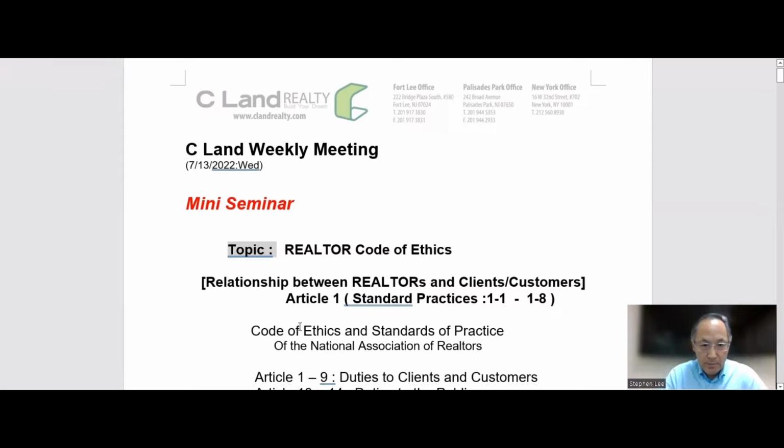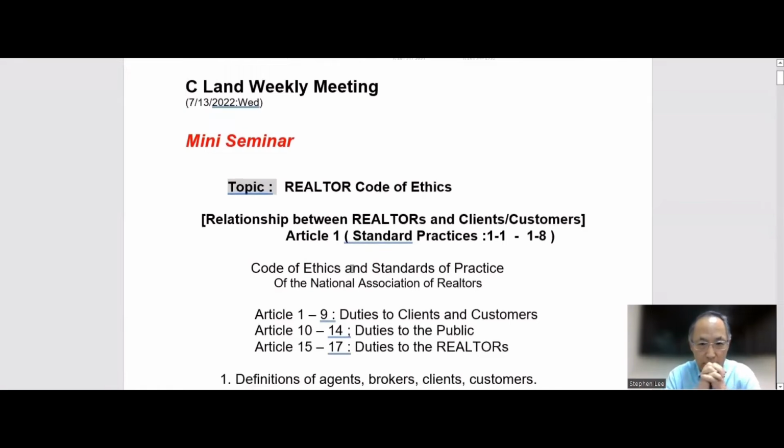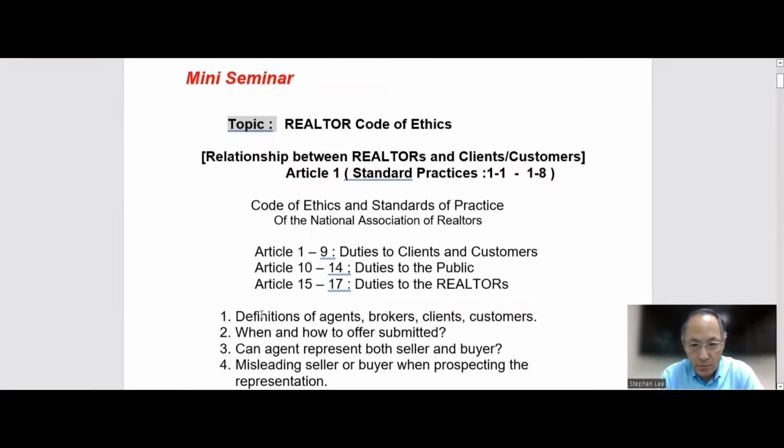Well, today's mini seminar topic is actually a part of the Realtor Code of Ethics. I think everyone is familiar with the Realtor Code of Ethics. The full name of this code is Code of Ethics and Standards of Practice of the National Association of Realtors, which we sometimes call NAR.